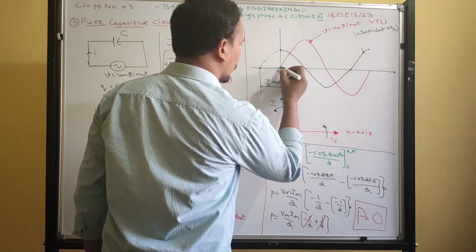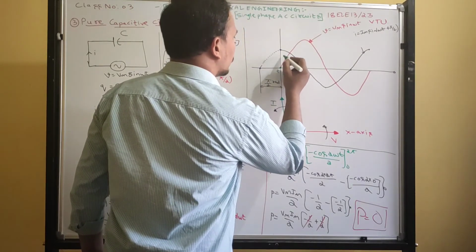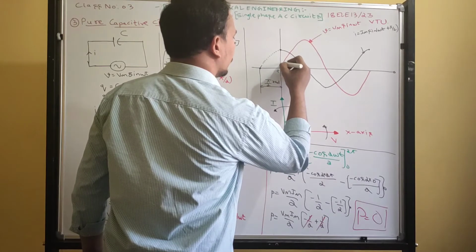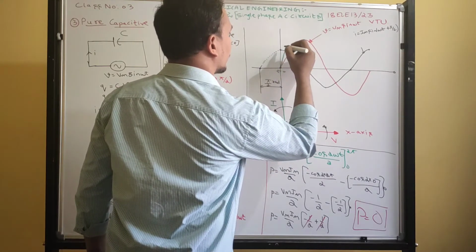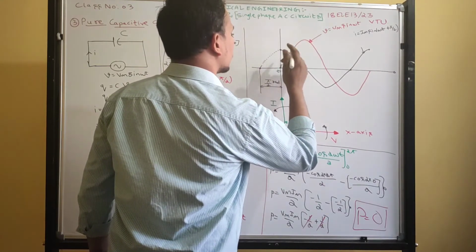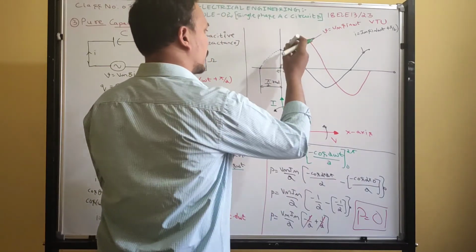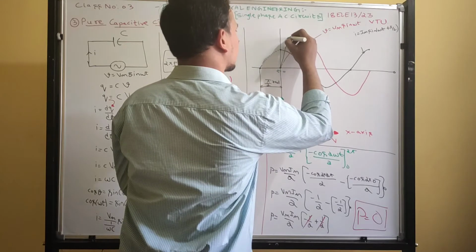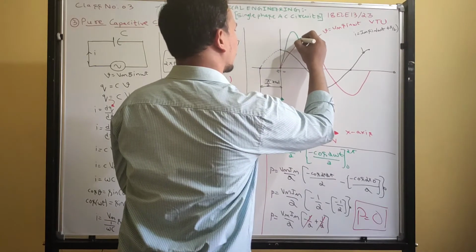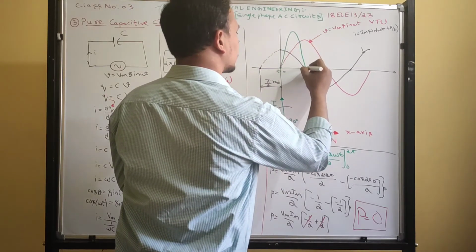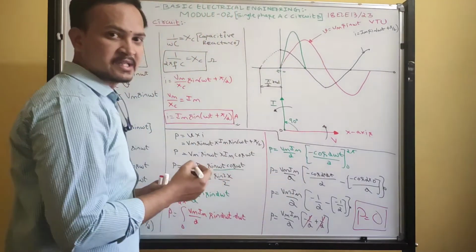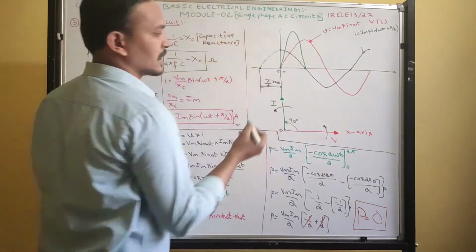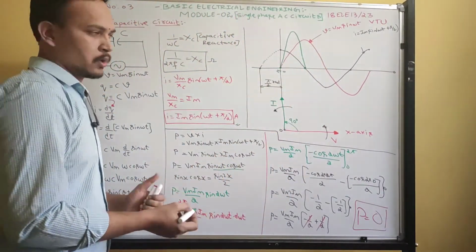Something into 0 is 0. Now positive into positive is positive, so the power value keeps on increasing. It reaches some maximum value at some instant, and again the value decreases. At this instant power comes back to 0 because current is 0 and voltage is maximum. So 0 into something is 0 only.